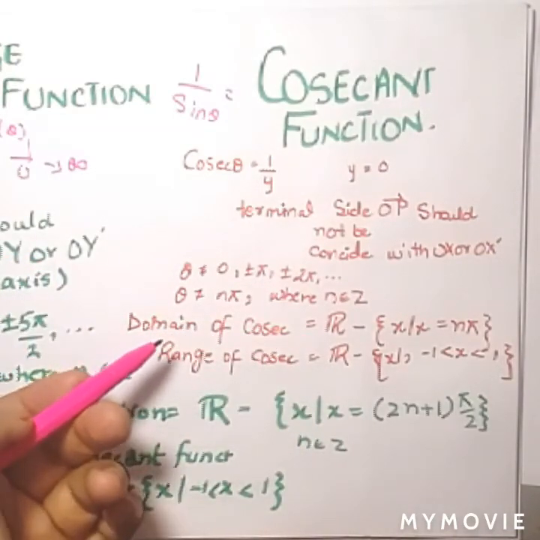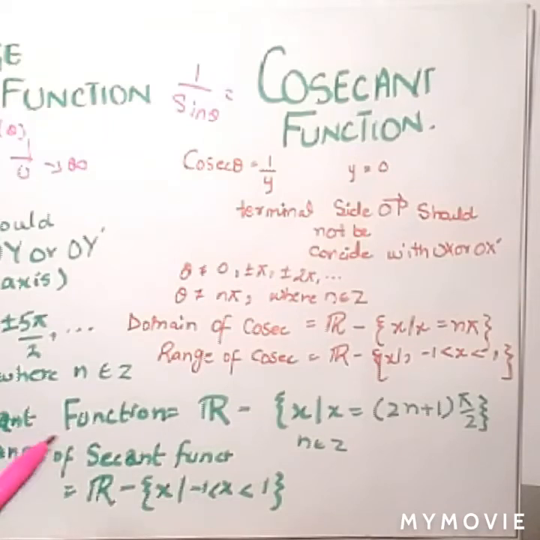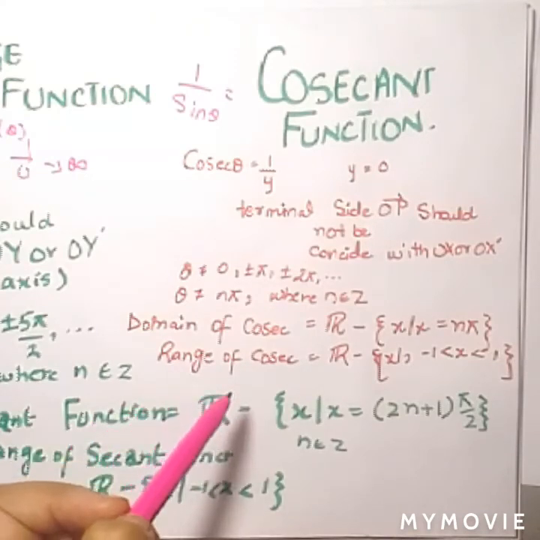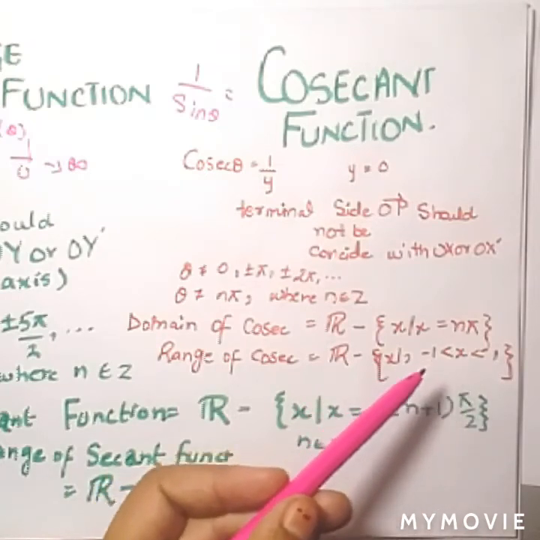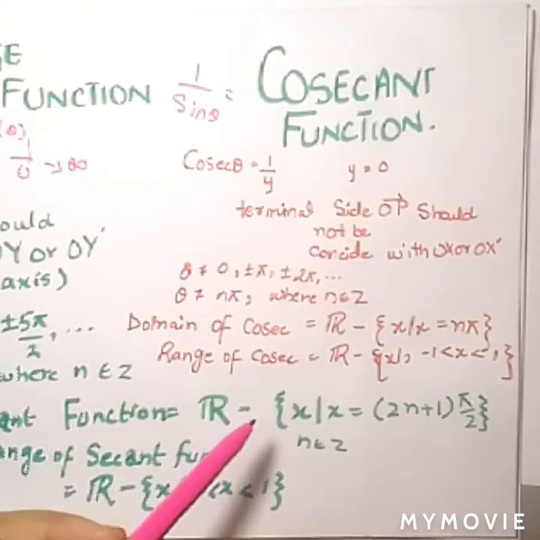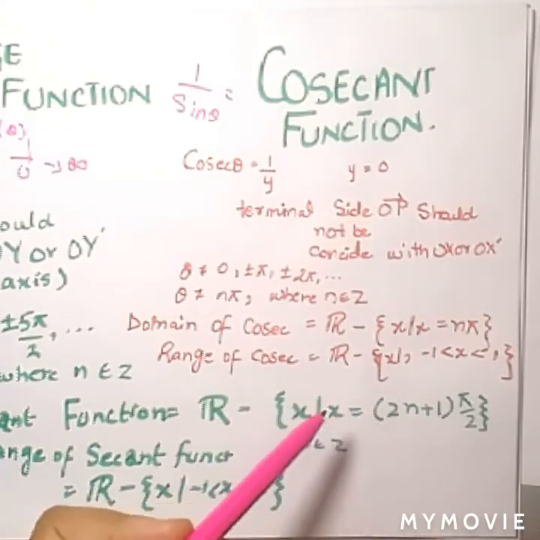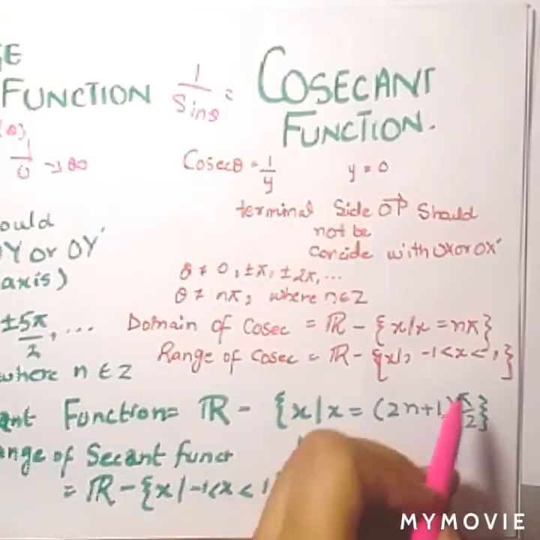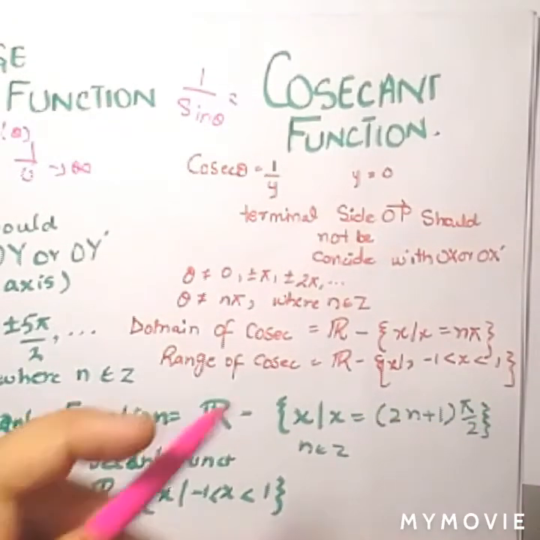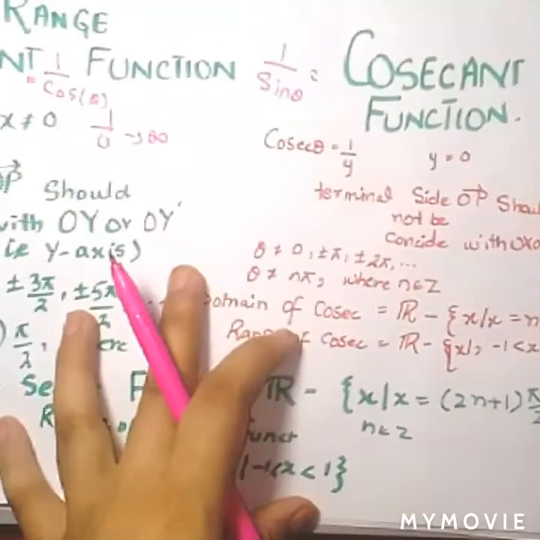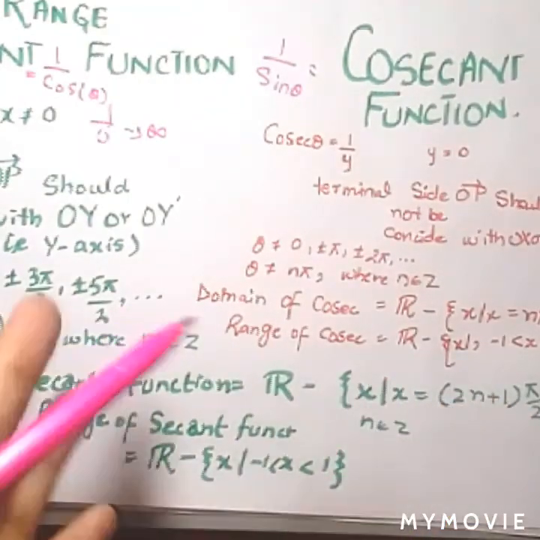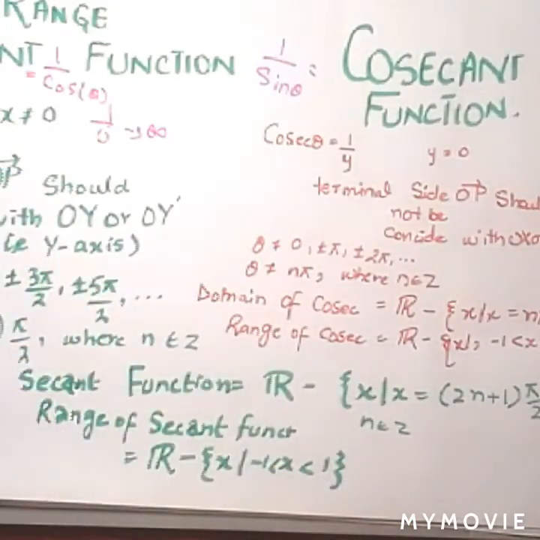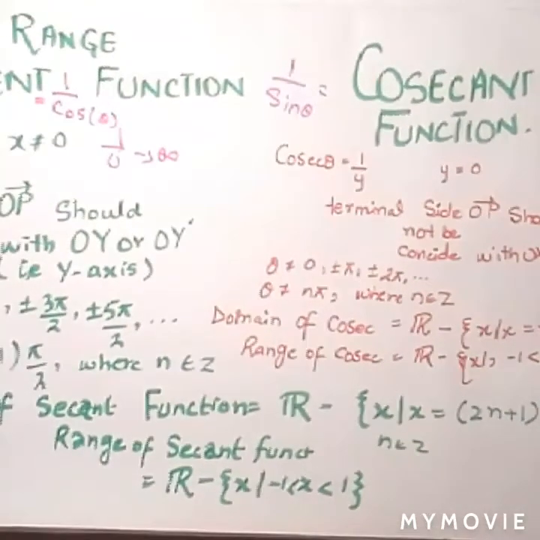In short, multiples of pi, or n pi, where n is a whole number. The domain of cosecant is the set of real numbers except n pi. The range of cosecant theta is the set of real numbers except values between -1 and 1. That's why secant theta and cosecant theta have the same ranges, and tan theta and cot theta similarly have the same ranges.